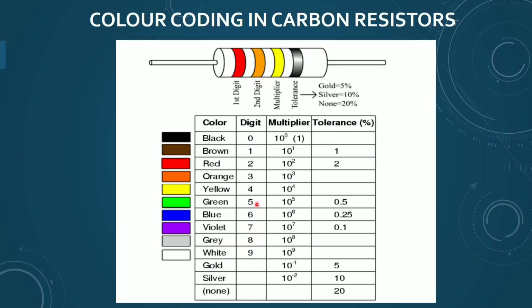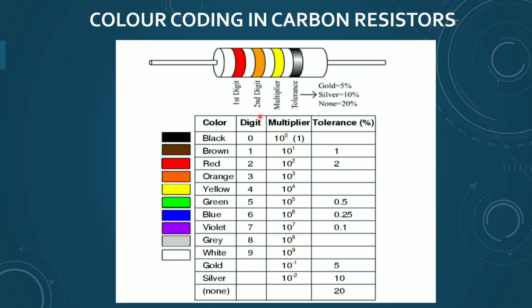Then there is VIBGYOR, that is violet, blue, green, yellow, orange and red. Black no color means 0, white all colors means 9. This way you can remember this table, and whenever you have to take multipliers, these values have to be the powers of 10.